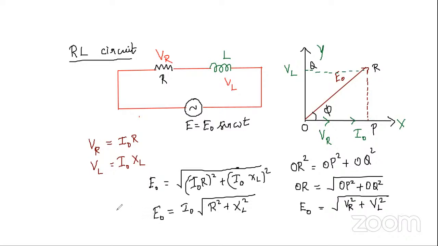So here I need to calculate the value of I naught. So I naught is equal to E naught divided by square root of R squared plus XL squared. Instead of XL, you can write omega L. So that is E naught divided by root of R squared plus omega L squared.